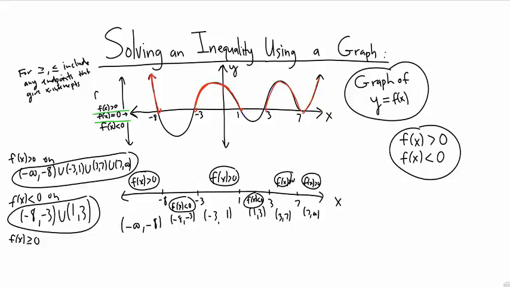So here it's -8 we include, -3, 1 we both include, we include 3 and 7. And you see that right here, this can be written more succinctly as 3 to positive infinity.